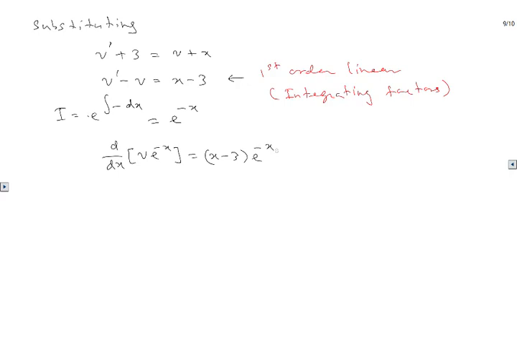Now we can integrate. When you integrate, you're going to get v e to the negative x equal the integral of x minus 3 times e to the negative x dx. So for the right side, you can see that this is an integration by parts problem.